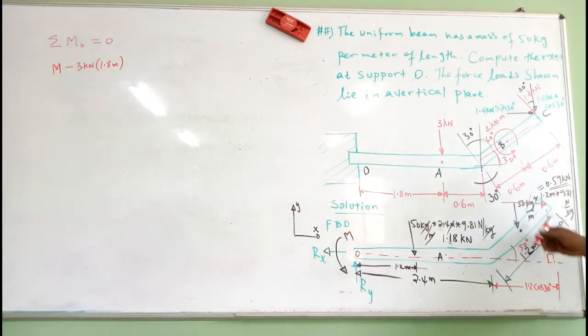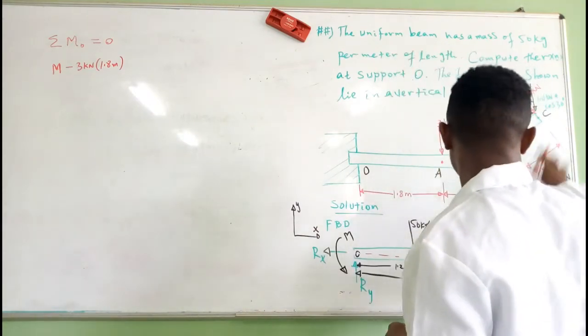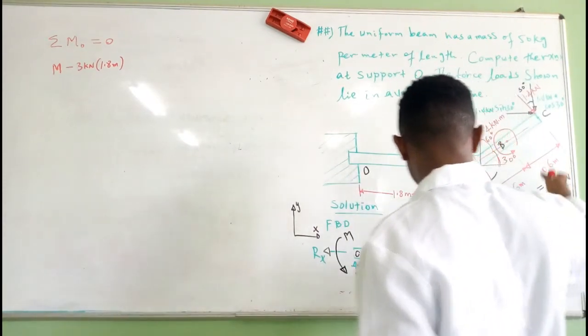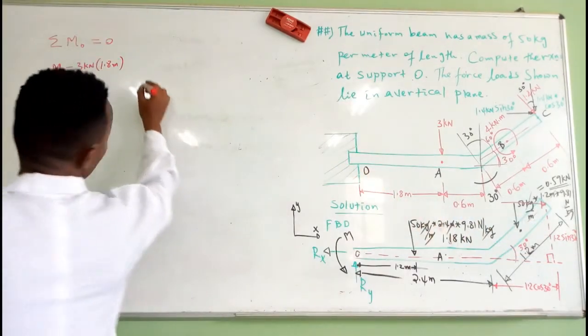We resolved it. This inclination part, or the sloping part of the beam, is resolved into vertical and horizontal components. So using that component we can determine the moment. So let's see: force times perpendicular distance, which is 1.2 sin 30 degrees.